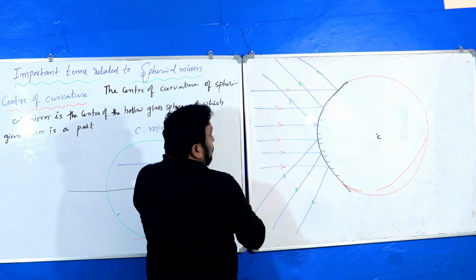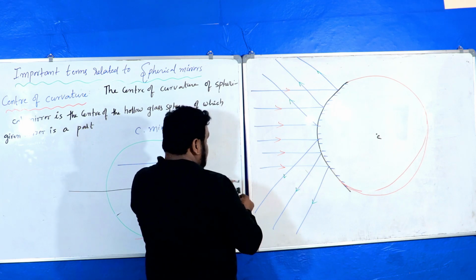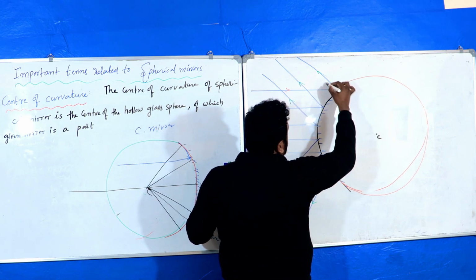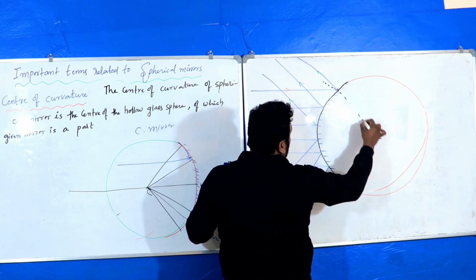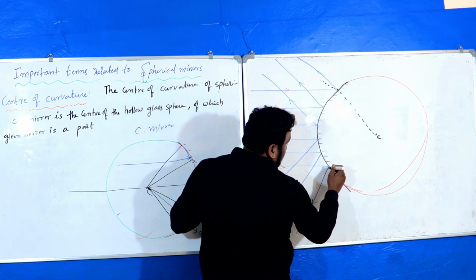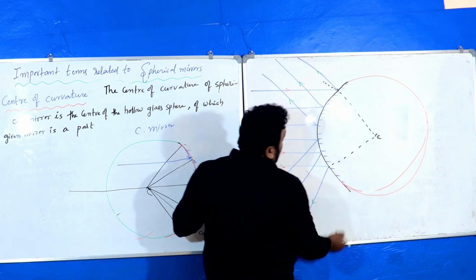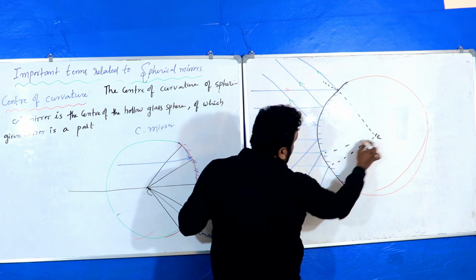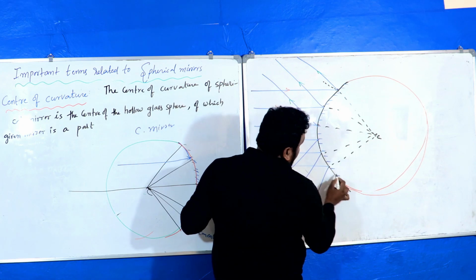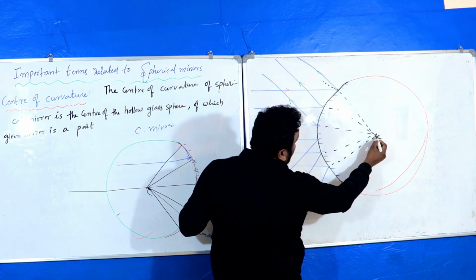From the point of incidence of light, you draw a normal line like that, and from this point also. If you draw the normal lines, then they also meet at one point.